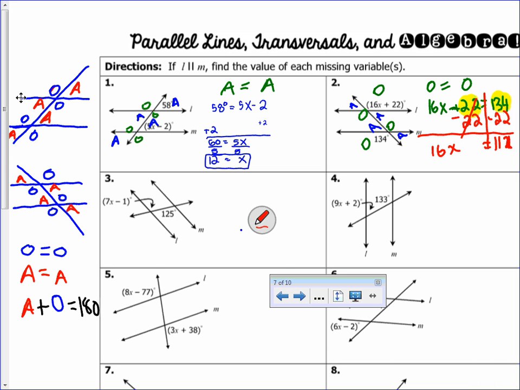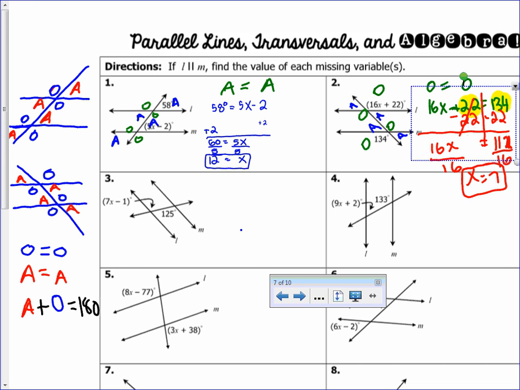So divide 16 on both sides, 112 divided by 16, I get x equals 7. Here's my final answer. X equals 7. Alright? Well, I want to make it smaller, but it's not going to work.